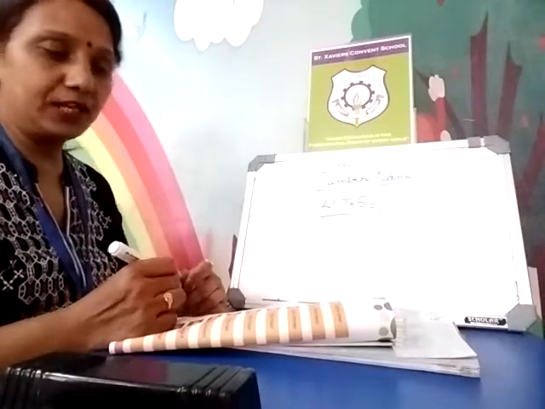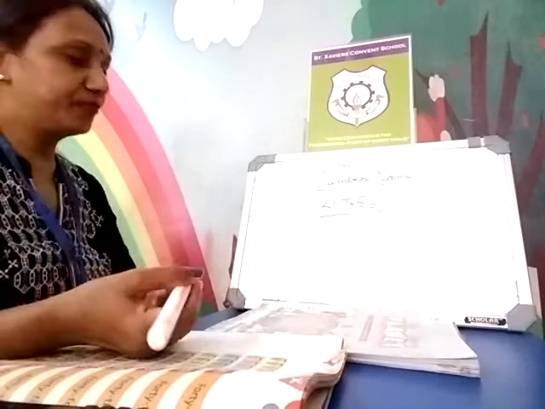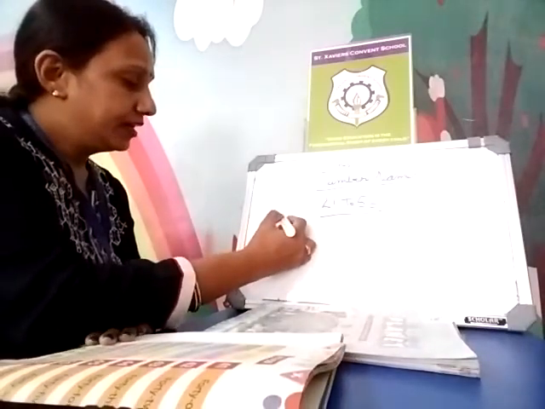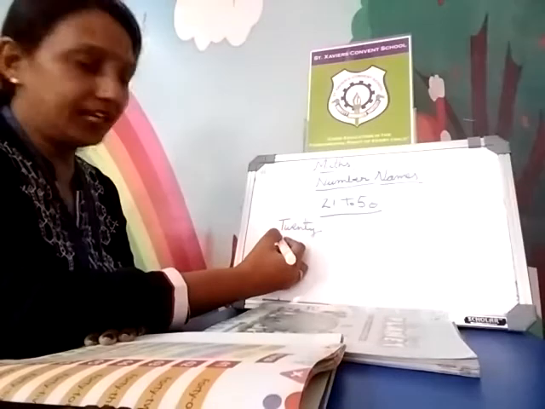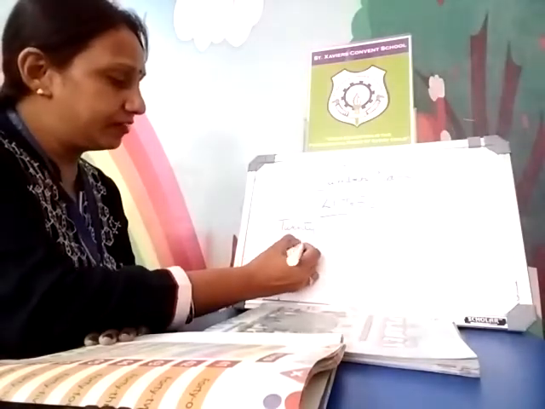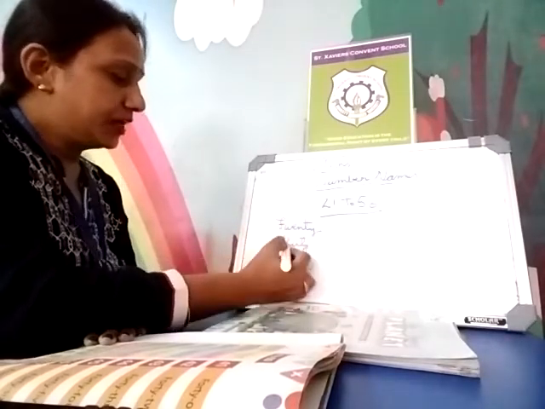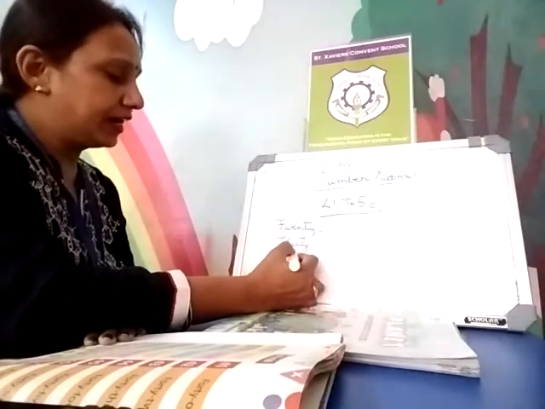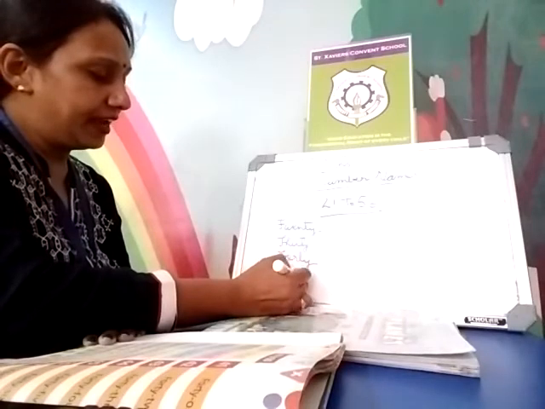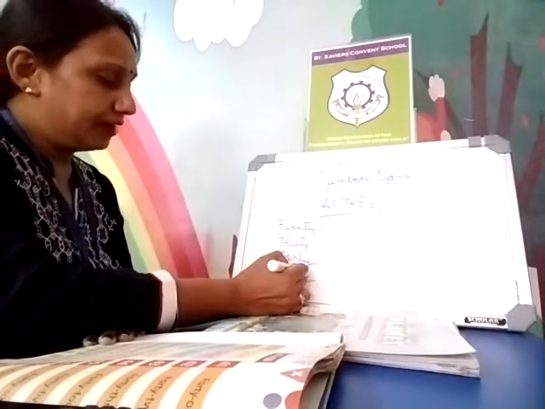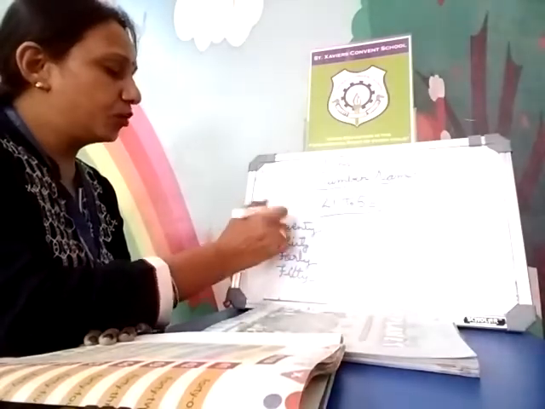And the trick I am telling you: first learn the spellings of 20, TWENTY 20, spelling of 30, THIRTY 30, spelling of 40, FORTY 40, and spelling of 50, FIFTY 50.